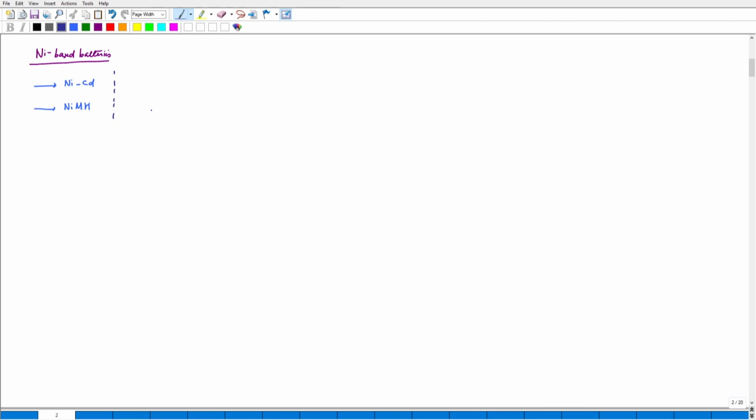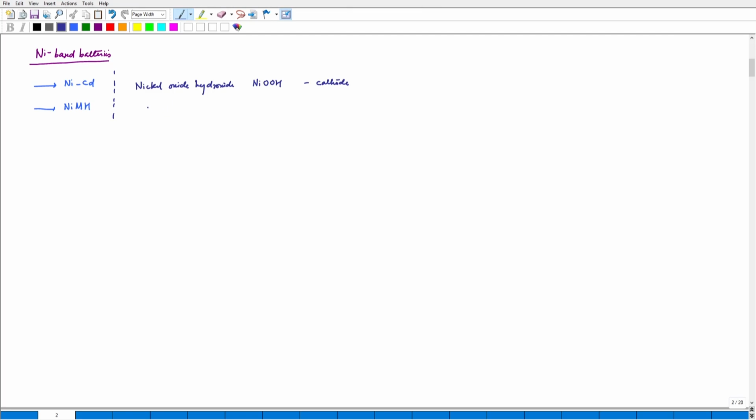We know that nickel oxide hydroxide, many times people just write nickel hydroxide, NiOOH is the cathode. Whereas we have the difference between nickel cadmium and NiMH in the case when we are looking at the anode.